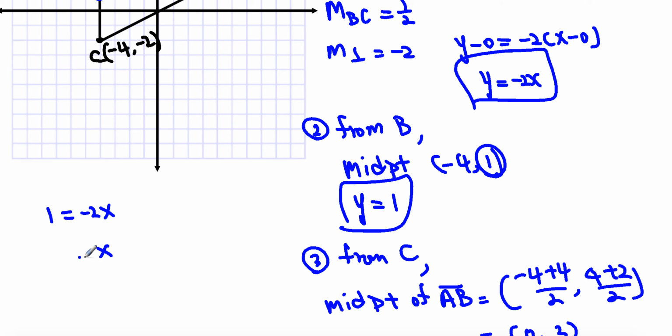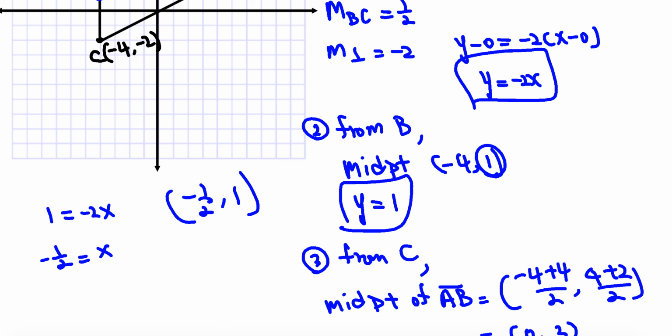Then x becomes negative 1/2. Not bad at all. So here we get negative 1/2 as our x value, and the y value was 1. So our circumcenter in this case, because these are perpendicular bisectors, would be negative 1/2, 1 as the answer.